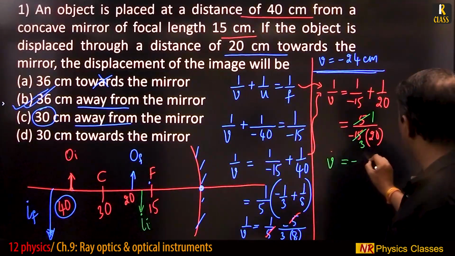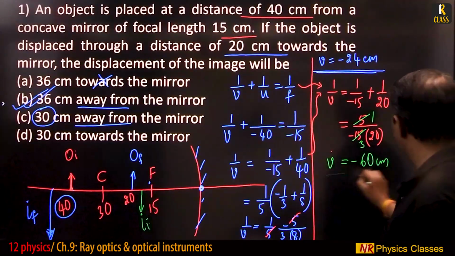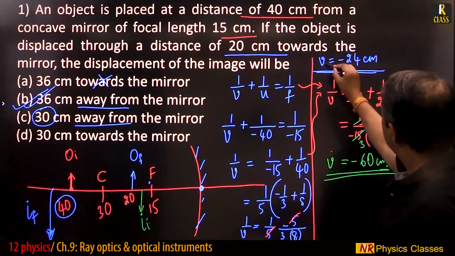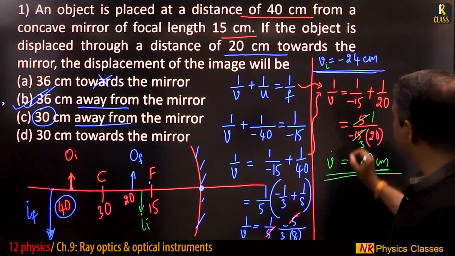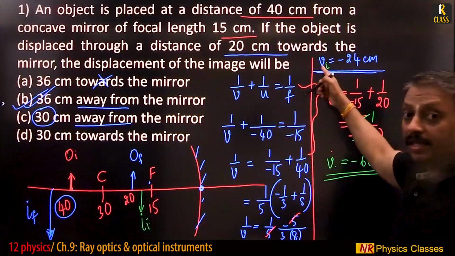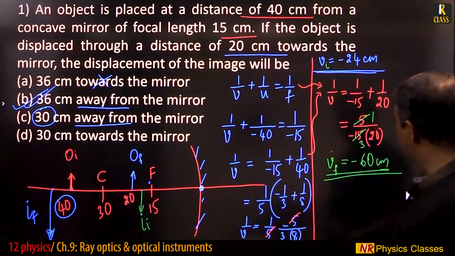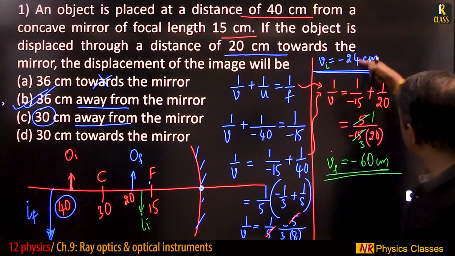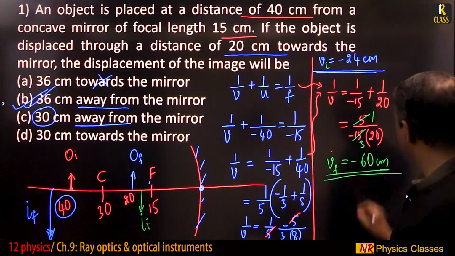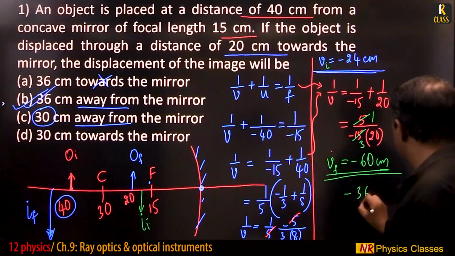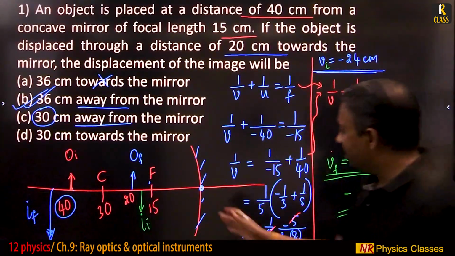So v equals minus 60 centimeter. This is the final image distance, and the earlier was the initial image distance. The difference of these two is minus 36. Minus sign means away.